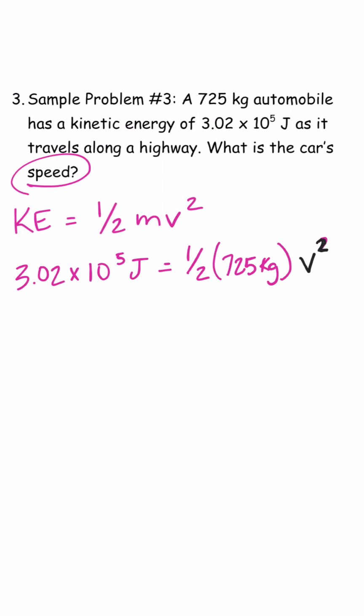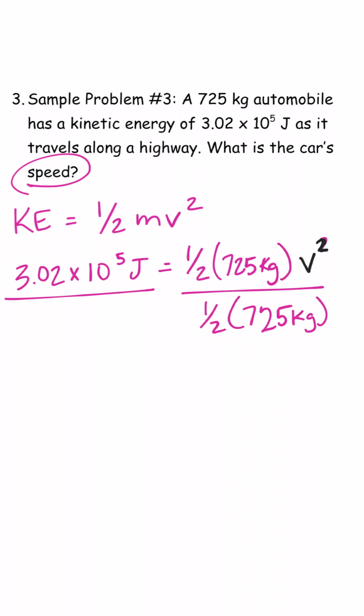We can get rid of that squared then. Okay, so now I need to rearrange it. So I'm going to divide this side and this side by 1/2 times 725 kilograms. Of course, it cancels on this side, leaving my v squared by itself.